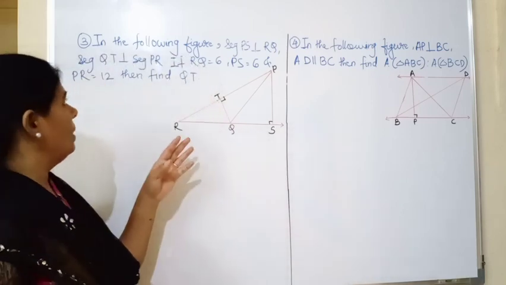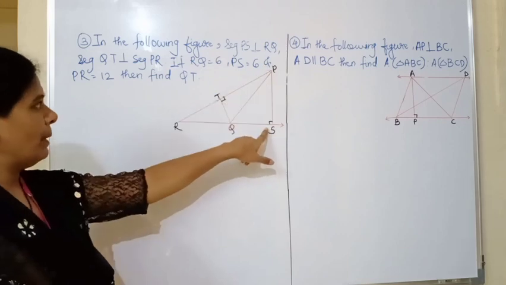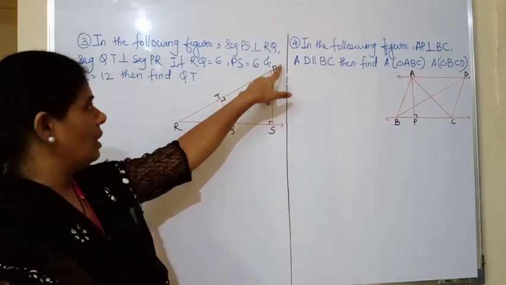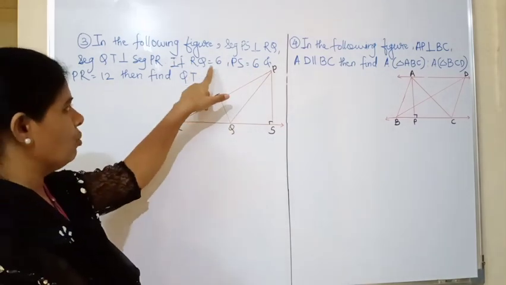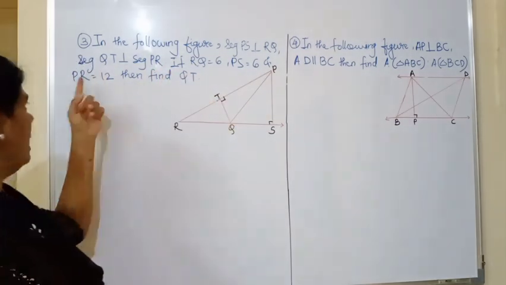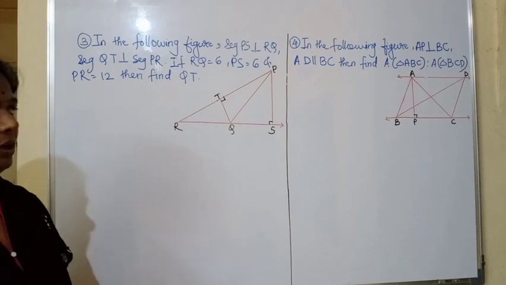See the third example. In the following figure, PS is perpendicular on QR, then QT is perpendicular on PR. The measurement is given: RQ equal to 6, PS is also equal to 6 and PR equal to 12. Then you have to find QT.